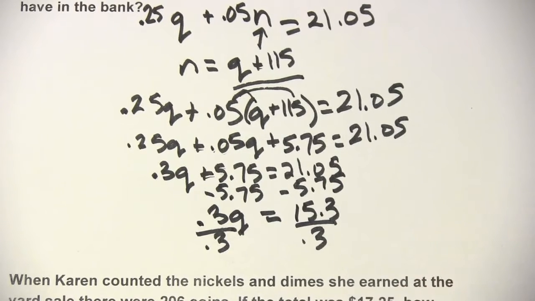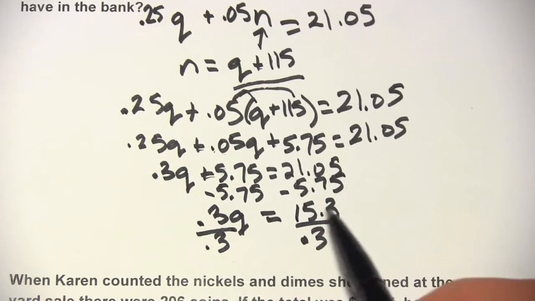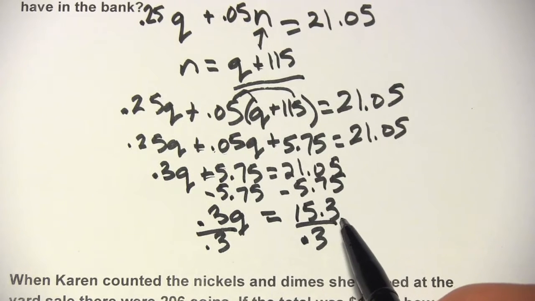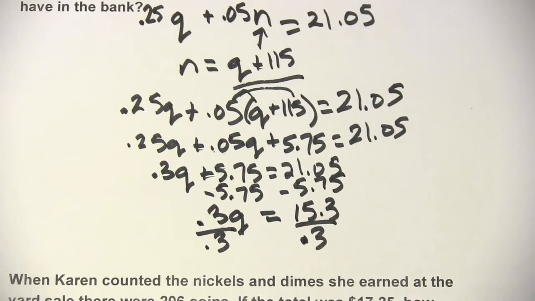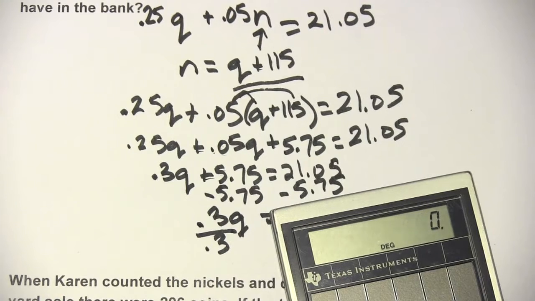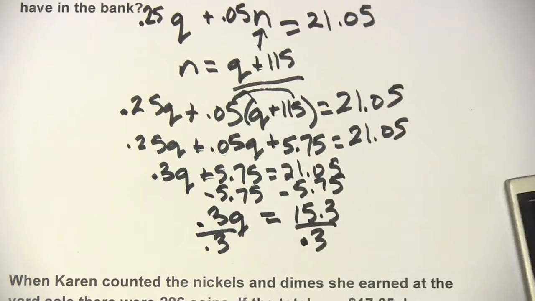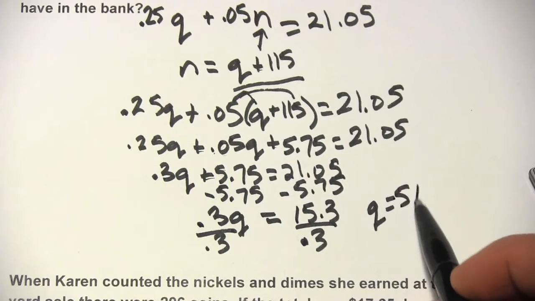This number here, 15.3, is going to get bigger when we divide it by 0.3. Some people get confused, how can a number get bigger when you divide? But when you divide by a number that's less than 1, that's what happens. So you can watch on my calculator. 15.3 divided by 0.3 is 51, and that is q. So the number of quarters is 51.